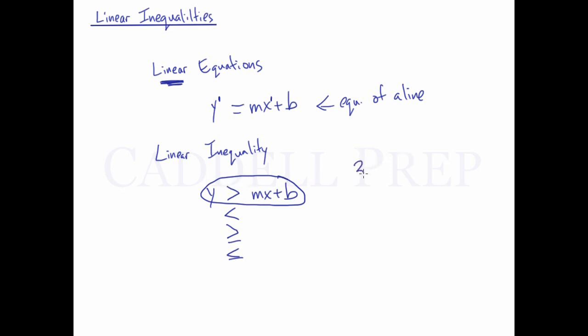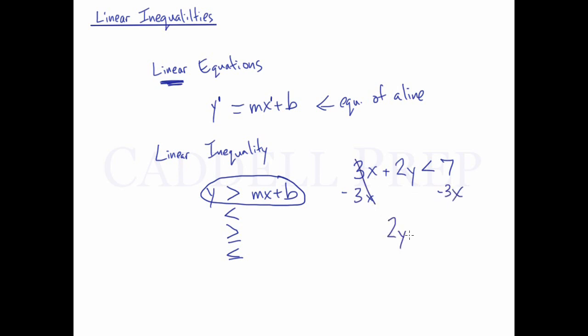You may have something like this: 3x plus 2y is less than 7. And then solve for y to put it in this form. So in this case, we'd have to get y by itself, we'd subtract 3x from both sides.